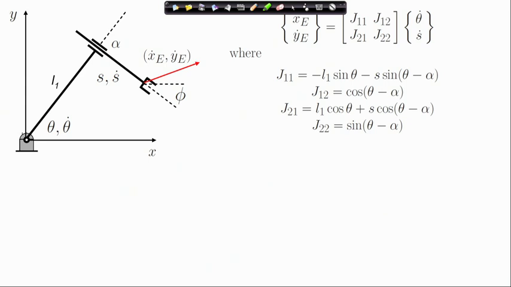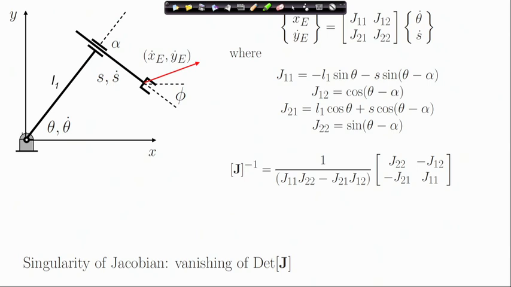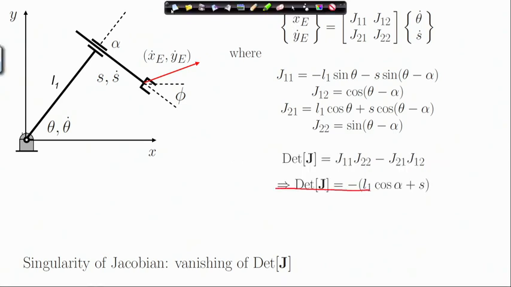So, the Jacobian inverse exists if the determinant of the Jacobian is not equal to 0, because the determinant is sitting in the denominator. And if you look at the determinant of the Jacobian of this manipulator, it is given by this relation: L1 cosine alpha plus s, the negative of it.